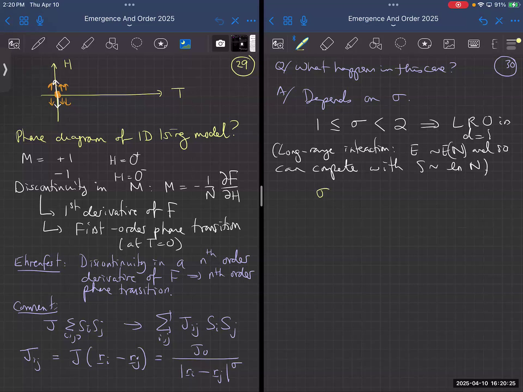Then if sigma is greater than 2, so the higher the value of sigma, the quicker this interaction decays, so we can say the interaction decays fast. And in this case, long range order is not possible.